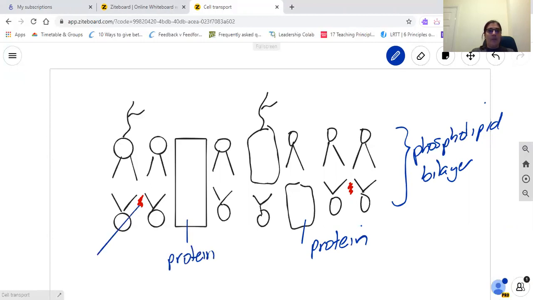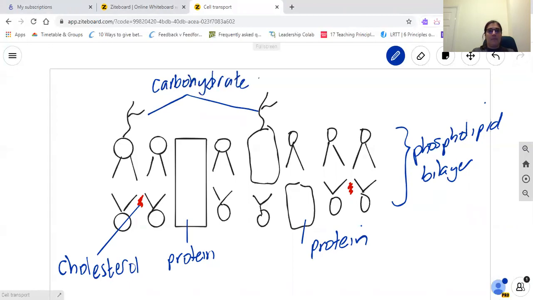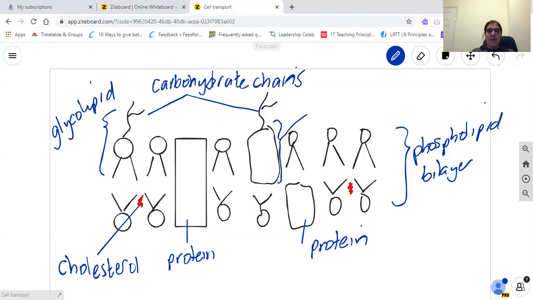The red thing that I put in between, that's cholesterol. And these are carbohydrate chains, which makes this a glycolipid. And this, over there, a glycoprotein.